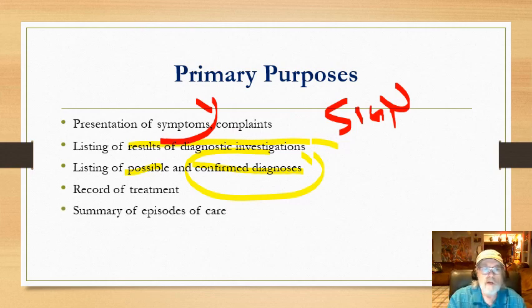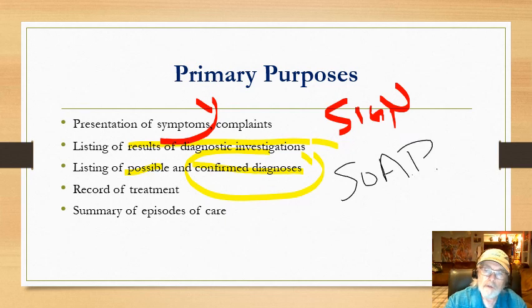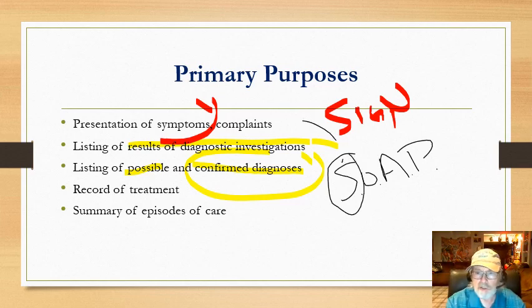We know the medical record is a summary of episodes of care. Every time someone comes in to see a practitioner, they sometimes get something, and I'll write this down here, it's called a SOAP note. And that SOAP doesn't mean clean. S stands for subjective, the complaints that the patient tells you.